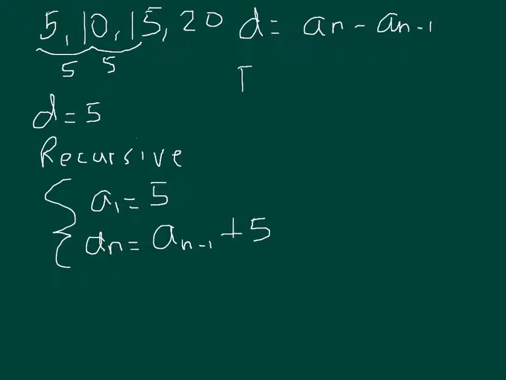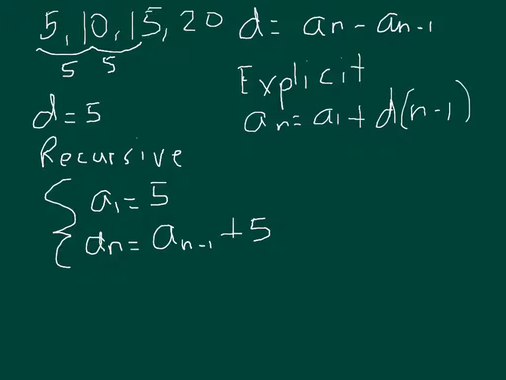The explicit formula is the nth term is equal to the first term plus that common difference times n minus 1. And so you could substitute into that formula.